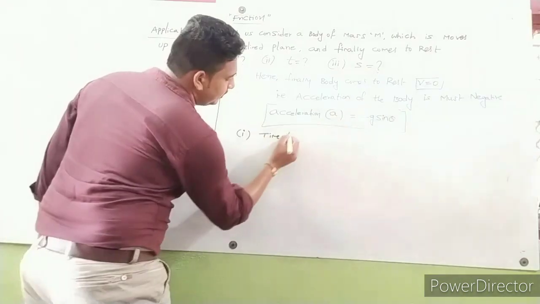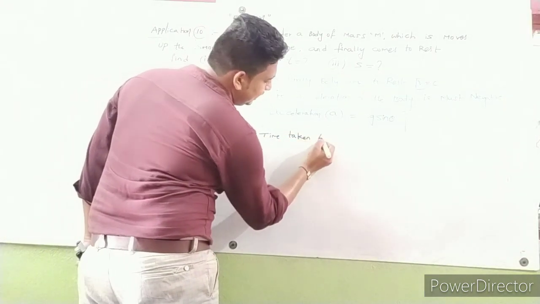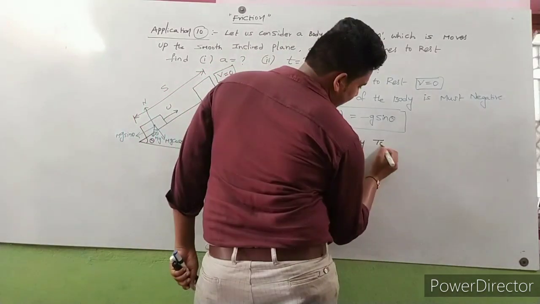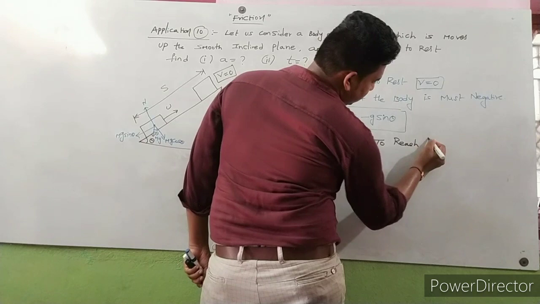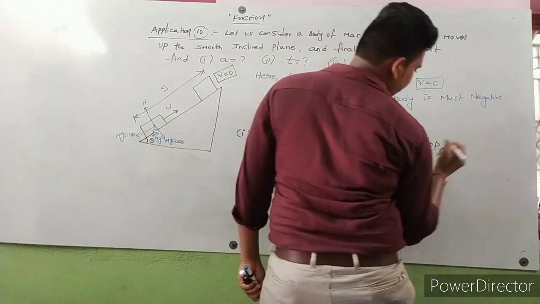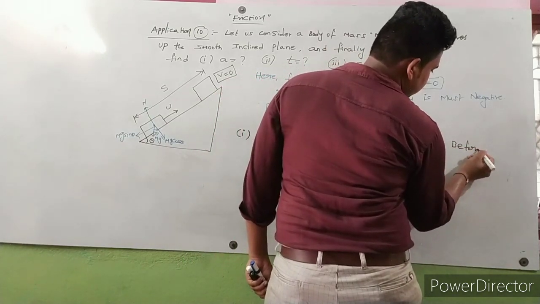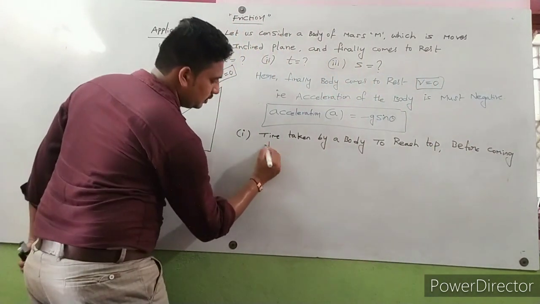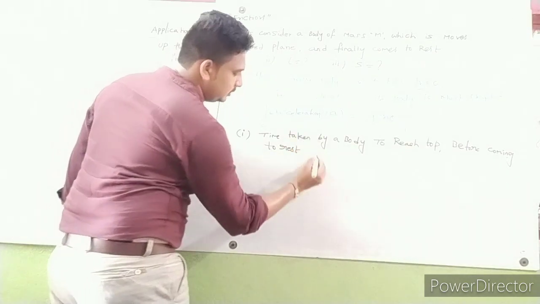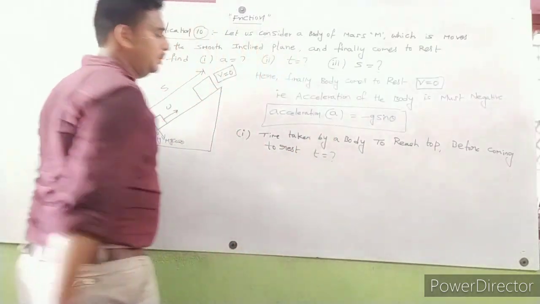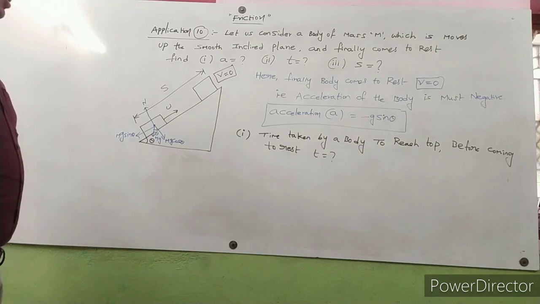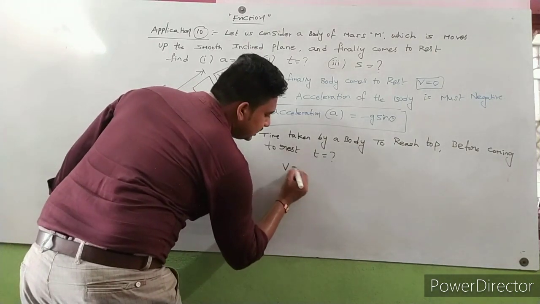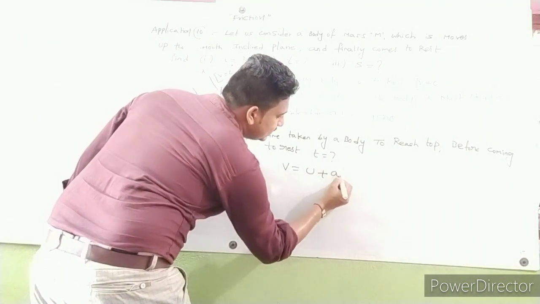Time taken by a body to reach top before coming to rest, that is equal to nothing but what? That is equal to t. So we know that v is equal to u plus at.